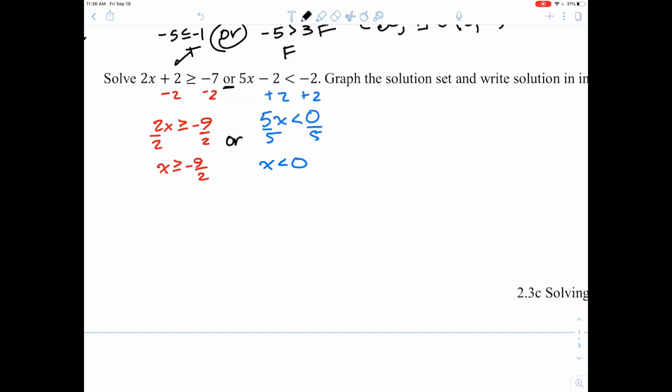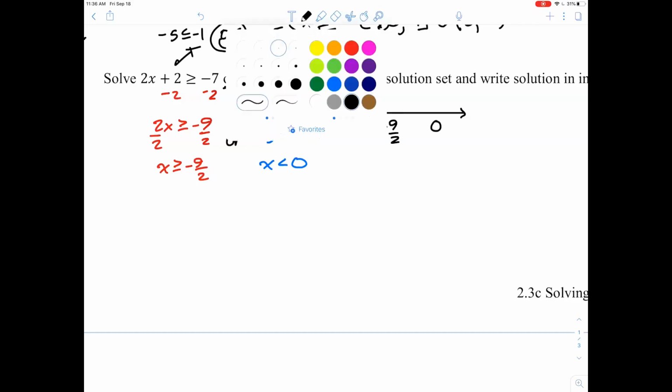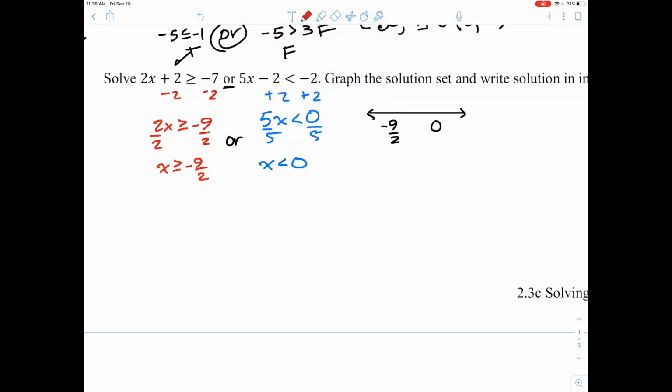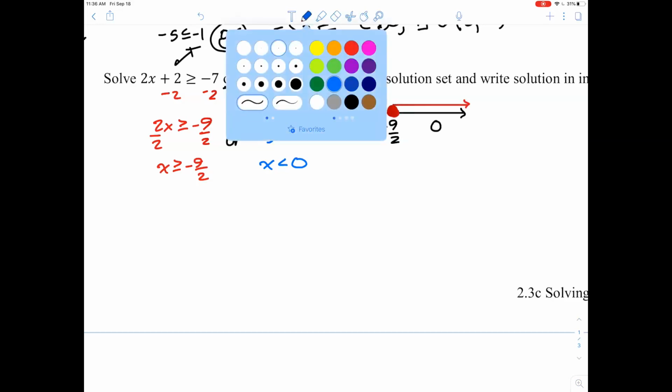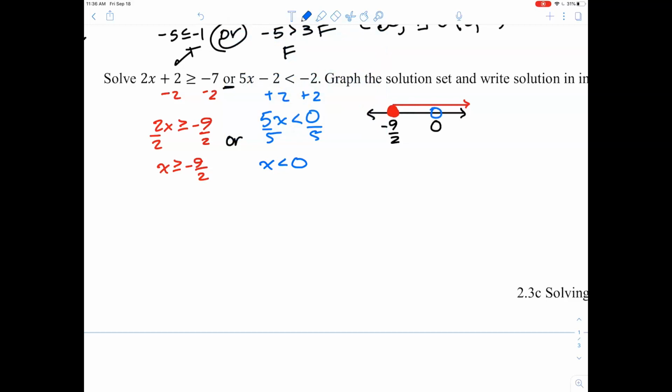So let's take a look at those solutions. So we have -9/2, which is to the left of 0, and greater than or equal to -9/2 would be going this direction, and less than 0 would be going this direction.